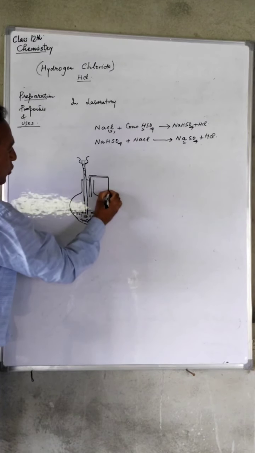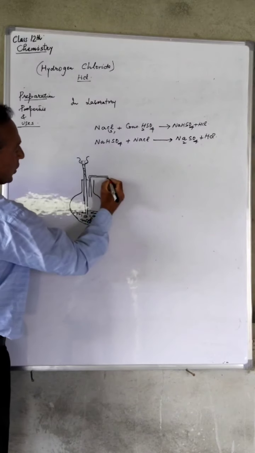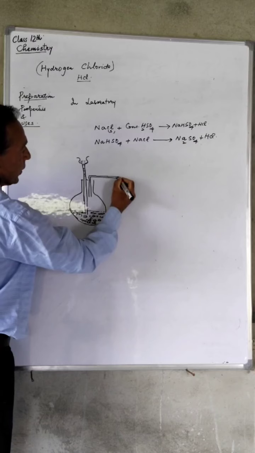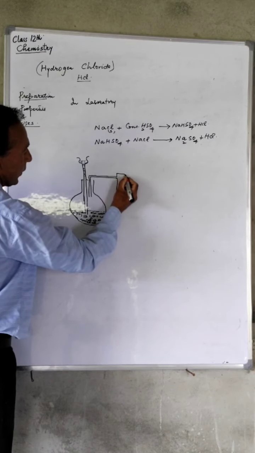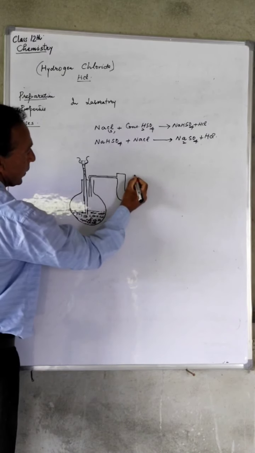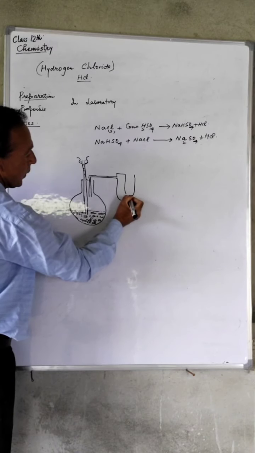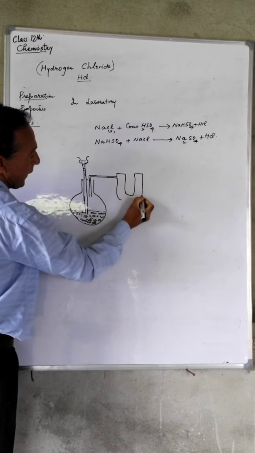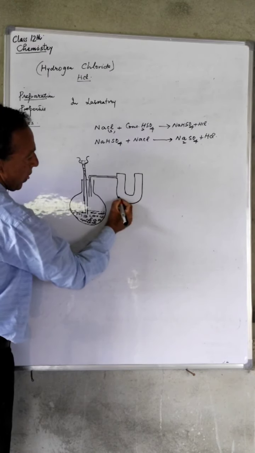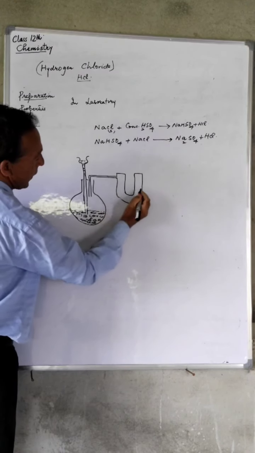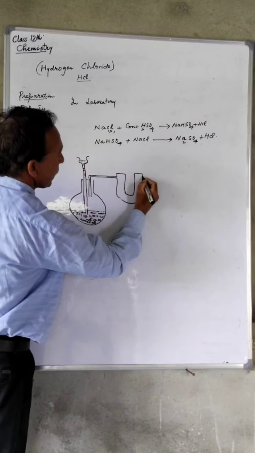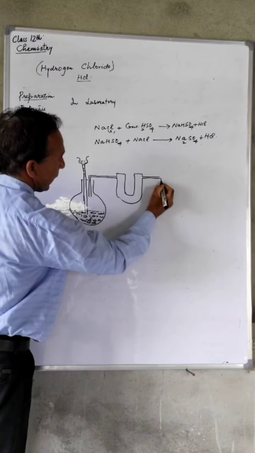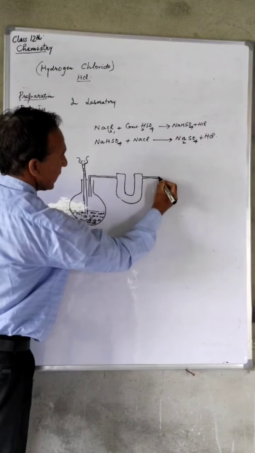It is then allowed to pass through a U-tube, and it is collected in the gas jar.